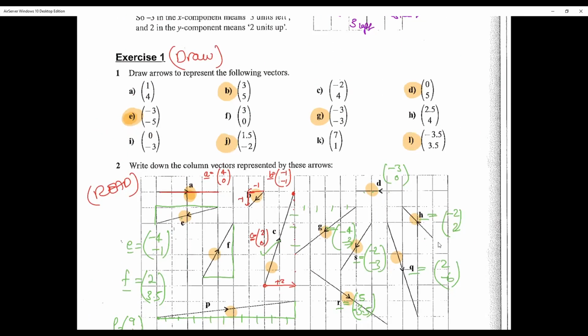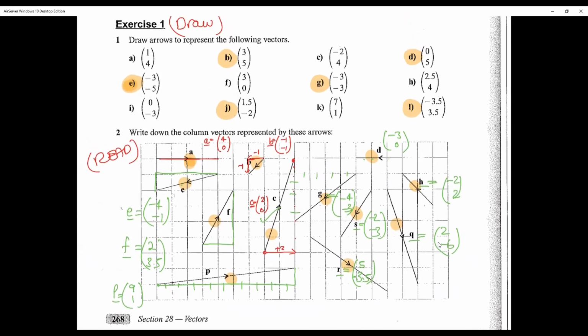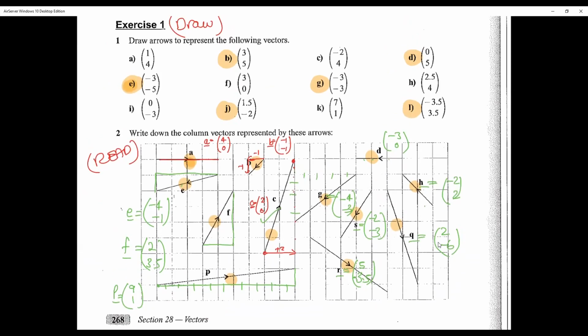So they drew the vectors for us, and we had to read off what the vector was by taking careful consideration of which direction the arrow is, and that will help us get all the positive x's and the negative y's, or whichever order they're in. Okay, so we know how to represent a vector, how to read a vector.